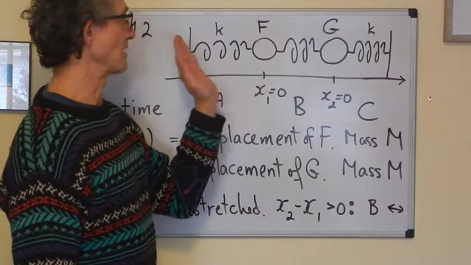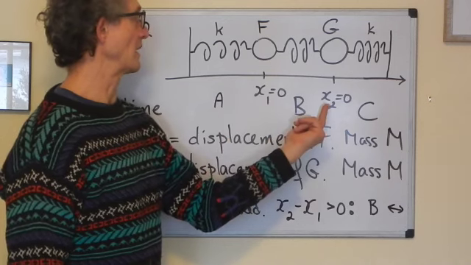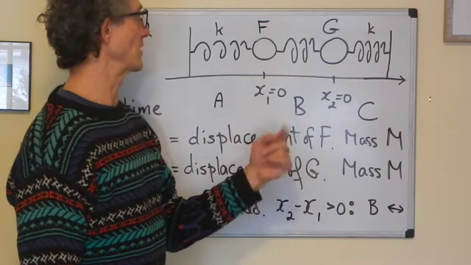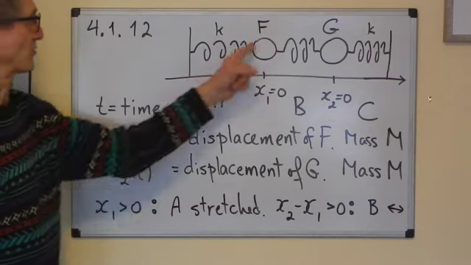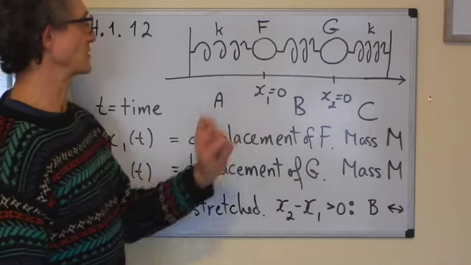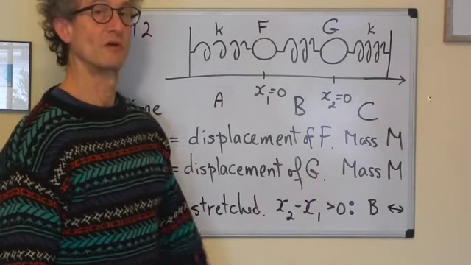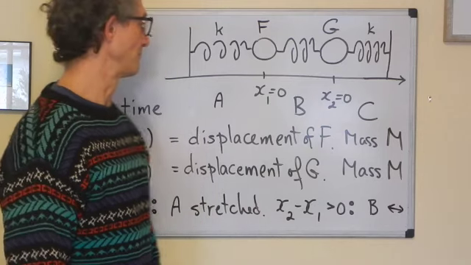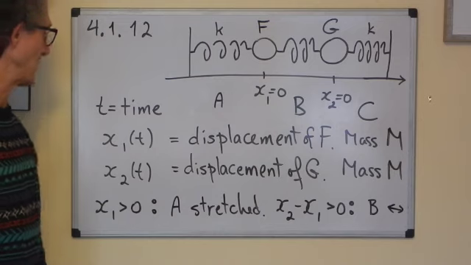As the masses move, x1 and x2 are going to be the displacements of the first mass and of the second mass from their rest positions, and both masses have the same mass, which we're going to call m. Let's think about the way in which the forces will act.